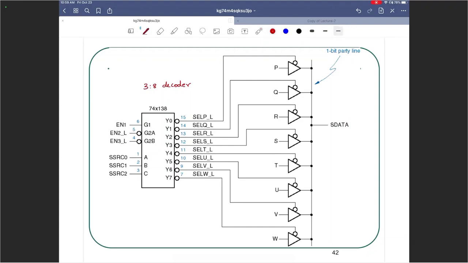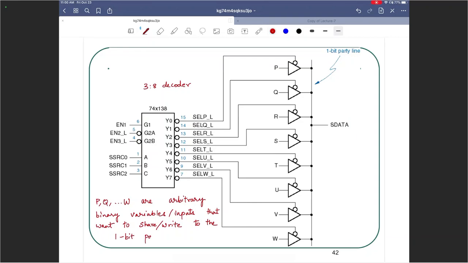variables. Let me just define PQRS here first. So P, Q, and so on to W are arbitrary binary variables or inputs that want to share or write to the 1-bit party line, right?